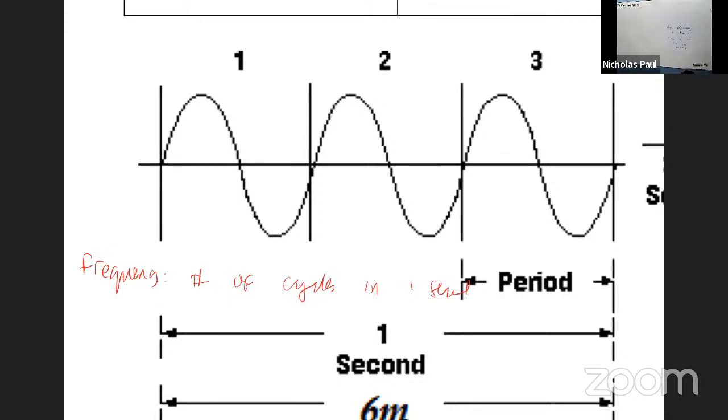So in our example, watch it good there. In our example, how many cycles did you have in 1 second? 3 cycles. That's okay? So your frequency is 3. The SI unit is hertz. Okay? You have that already?